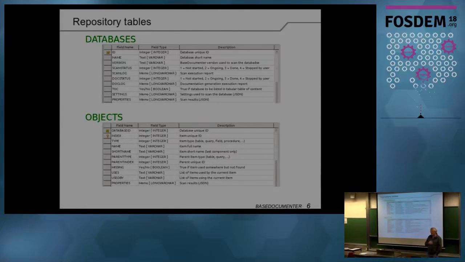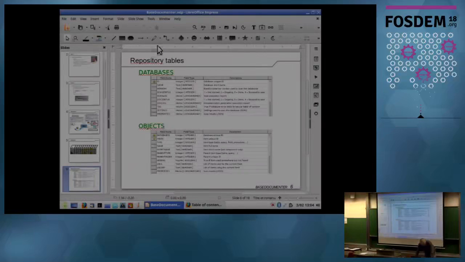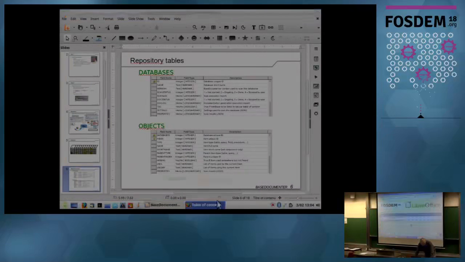So the scan has to go everywhere through the base application and produce that database. Okay? Then the database is read to build HTML that I want to show briefly.